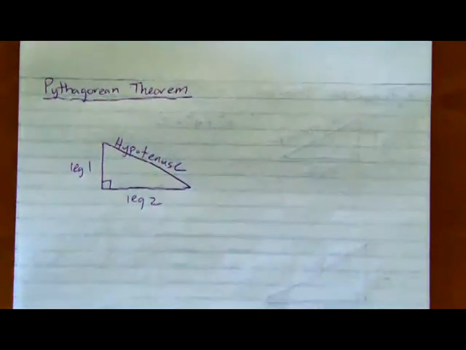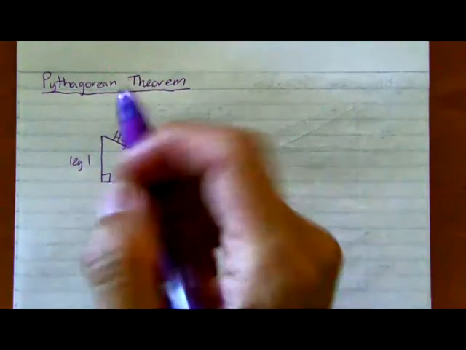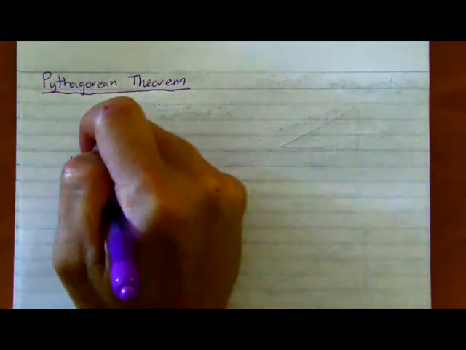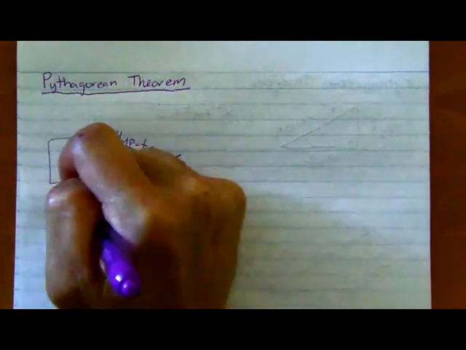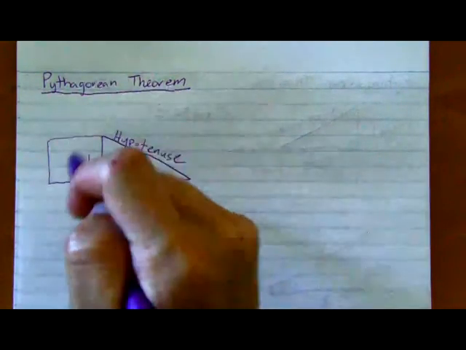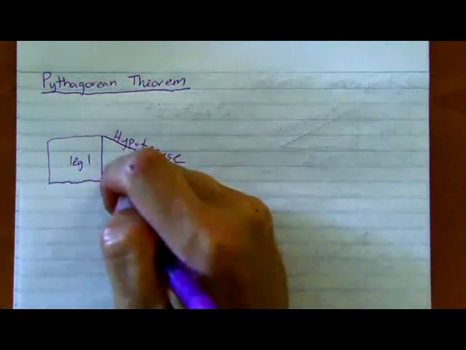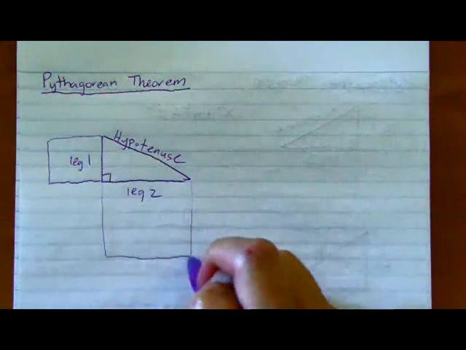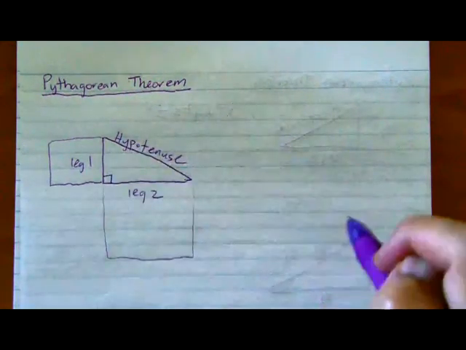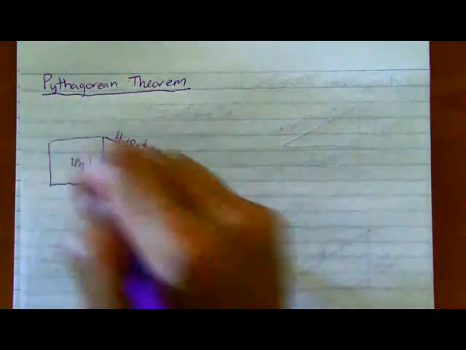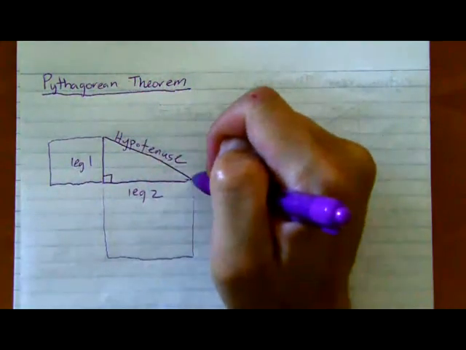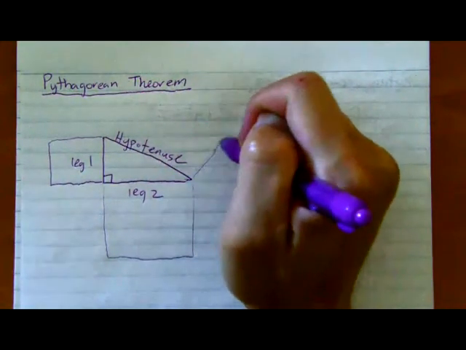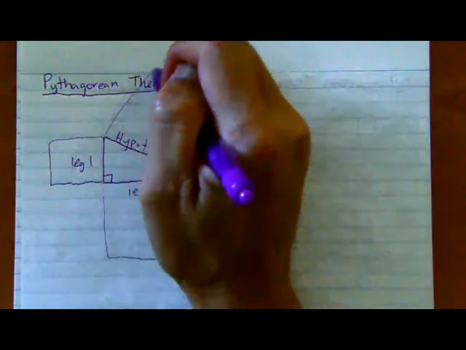Now, the way the theorem works, if I draw a square that matches the length of the side of leg 1, and I draw another square whose side is leg 2, and I add the two areas, it's supposed to be the same amount of area as if I were to draw a square on the hypotenuse.